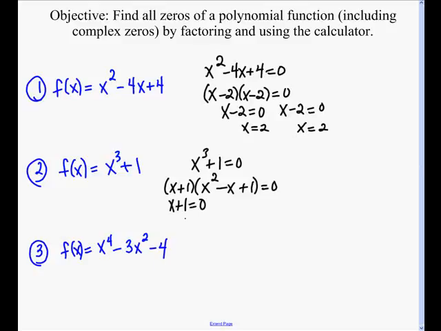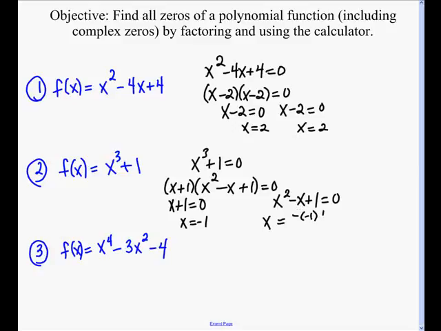So we know that one 0 is from x plus 1 equals 0, which is x equals negative 1. The other zeros come from setting x squared minus x plus 1 equal to 0. Well, this one does not factor at all, at least not over the real numbers, so we have to solve it by using the quadratic formula.